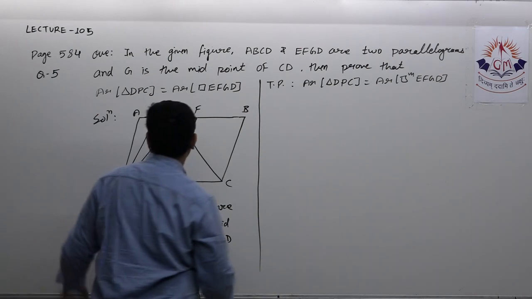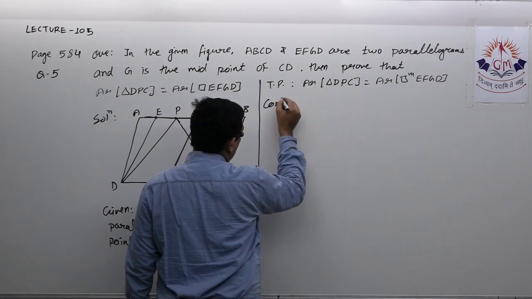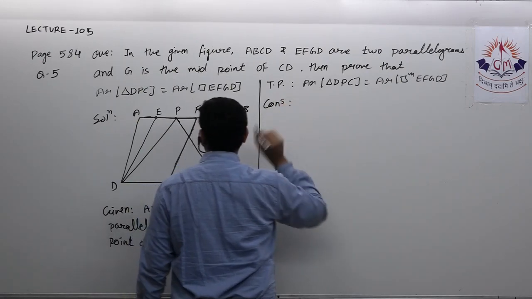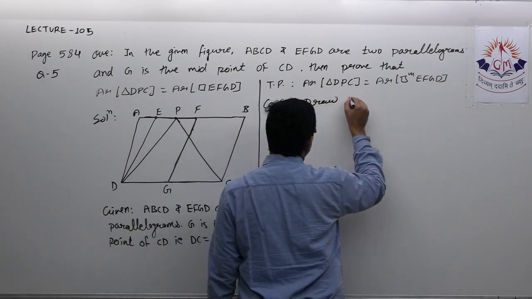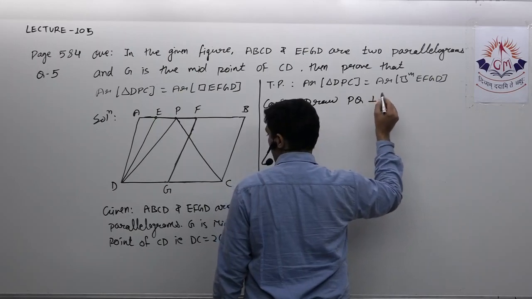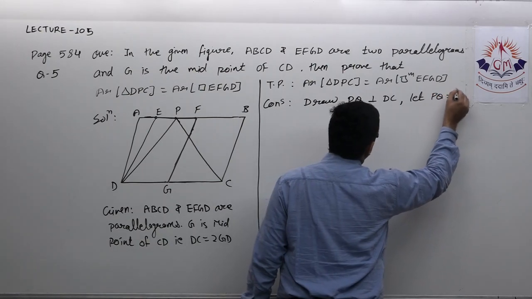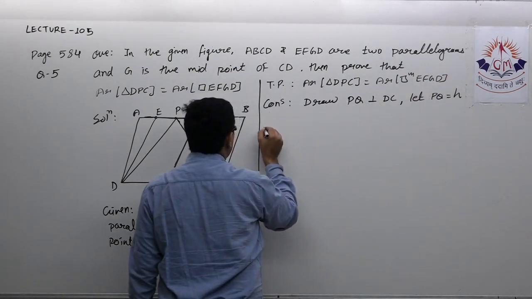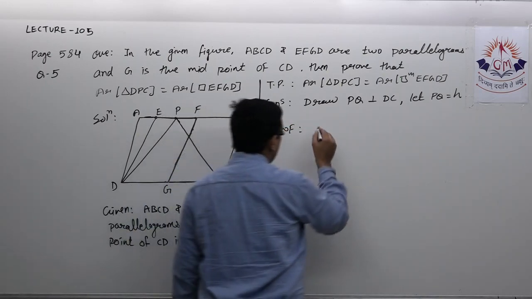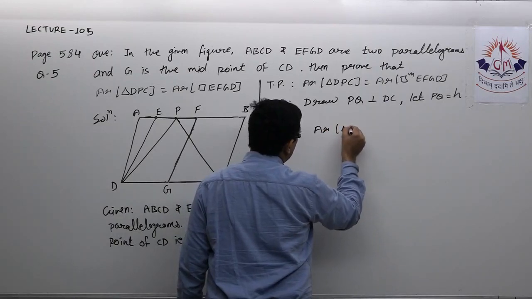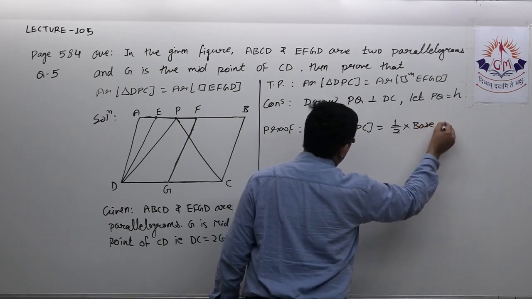See, though there are too many ways to prove this, I'll use the simplest one. For that, I need a construction. Draw PQ perpendicular to DC. Let PQ be equal to H. Okay, now we'll see its proof. We have to prove area DPC. So area of triangle DPC is equal to 1 upon 2 into base into height.